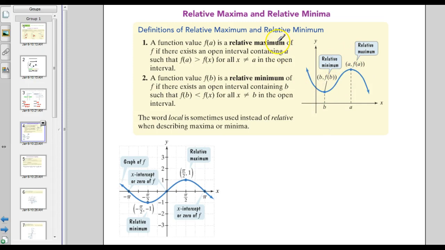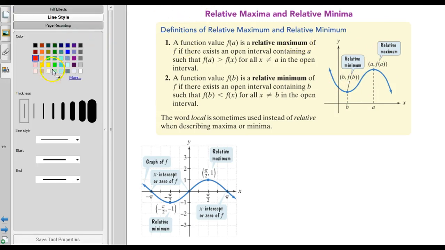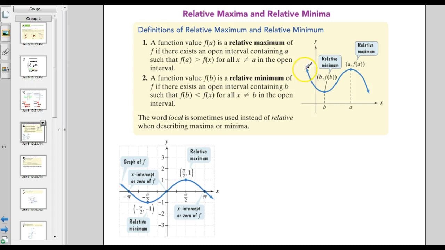Okay, and what we mean by relative is that it's the biggest value in a region close by. It doesn't have to be the biggest overall. For instance, in this particular function, the graph keeps going, as indicated by the arrow.